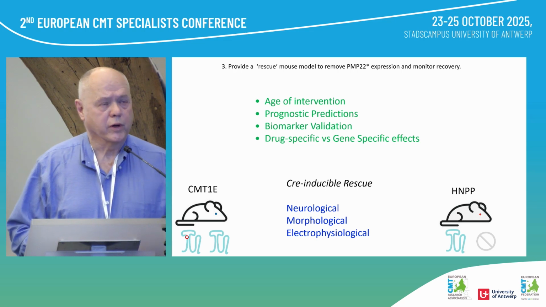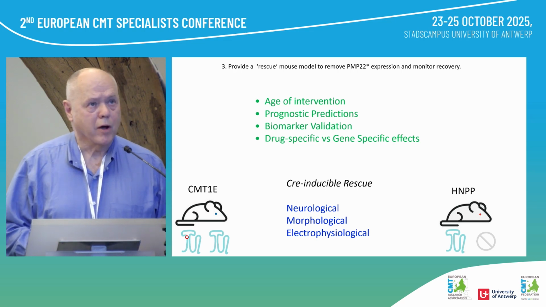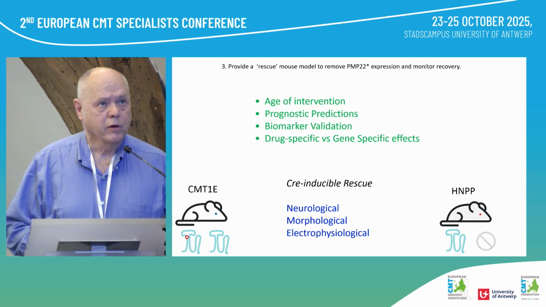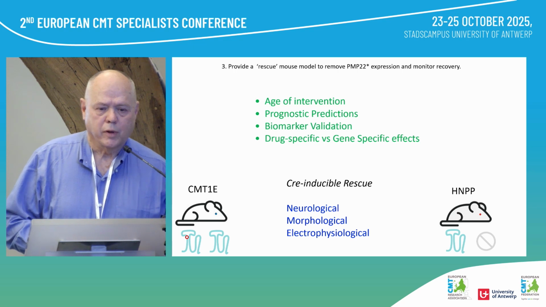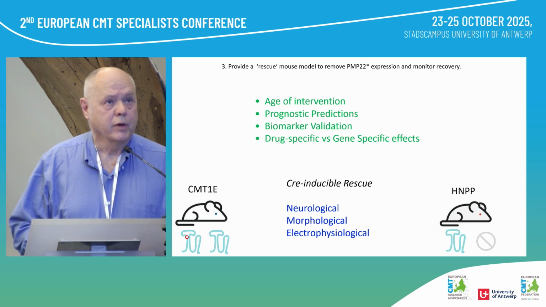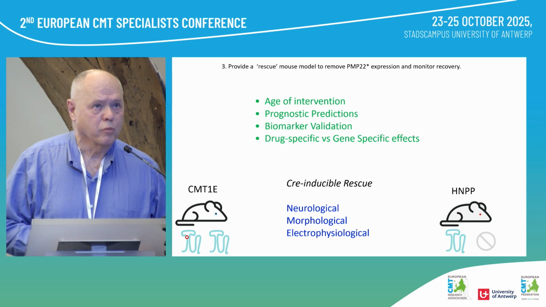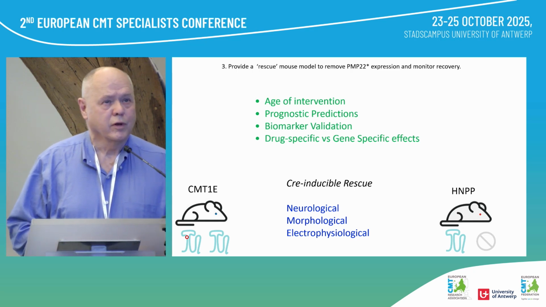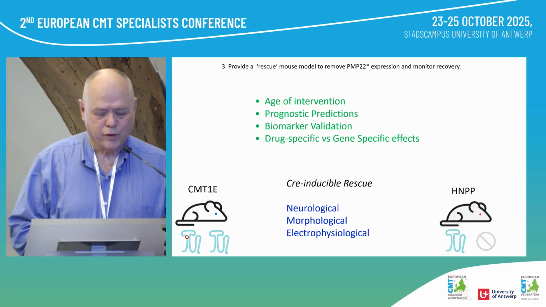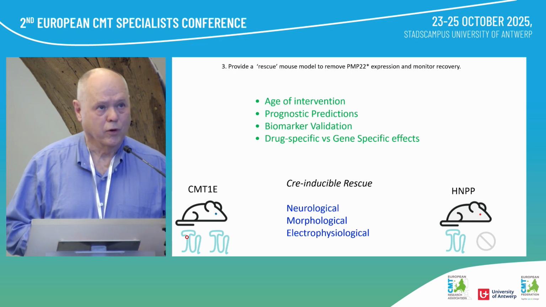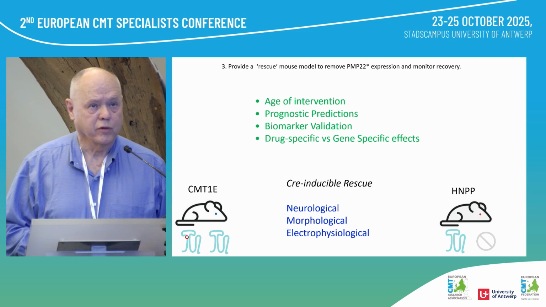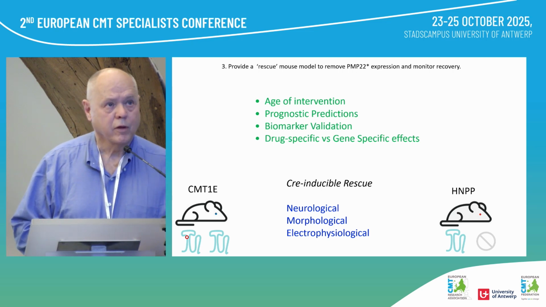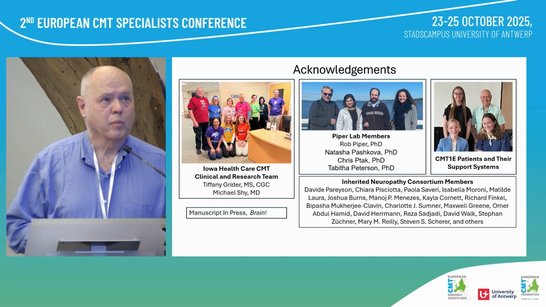This also would give us a model to look at biomarkers before and after treatment, to determine which markers would be treatment responsive, and again to look at drug-specific and gene-specific effects. And getting to Steve's point from a little earlier, we're going to be looking by morphology, electrophysiology, and also by behavior. So that is our plan.